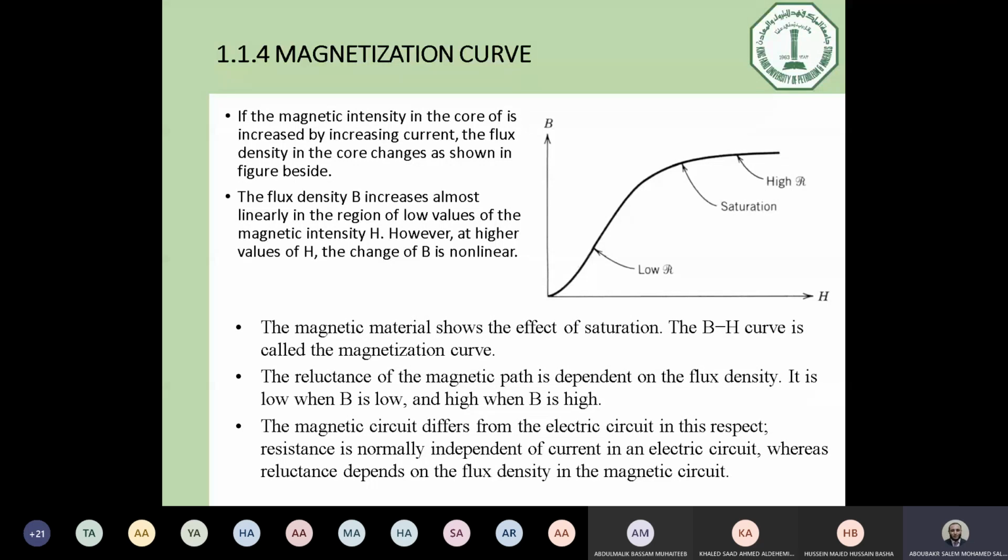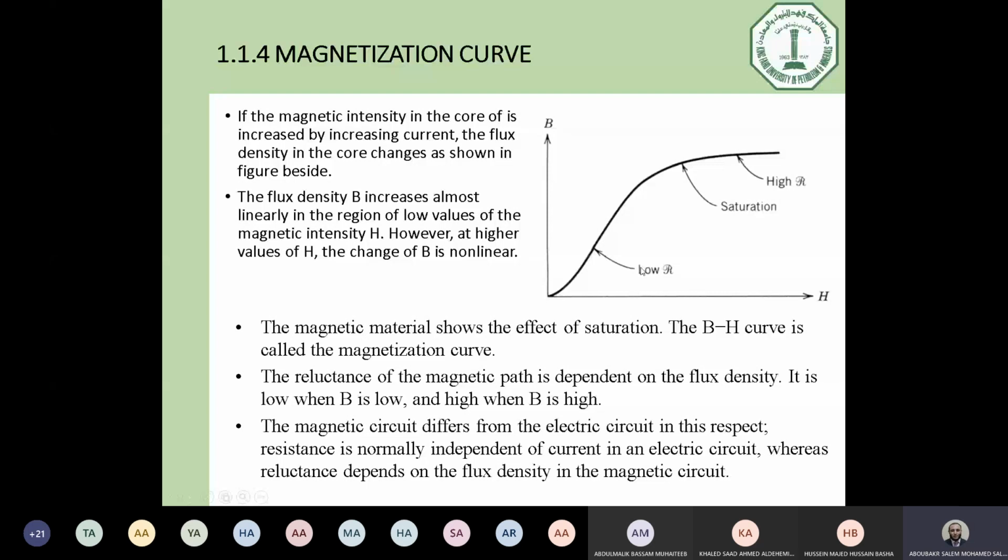So the best value to operate any magnetic circuit or any electrical machine is at the knee of the curve. So this is the best place to operate the machine. So the value of H will not be very high like in saturation.